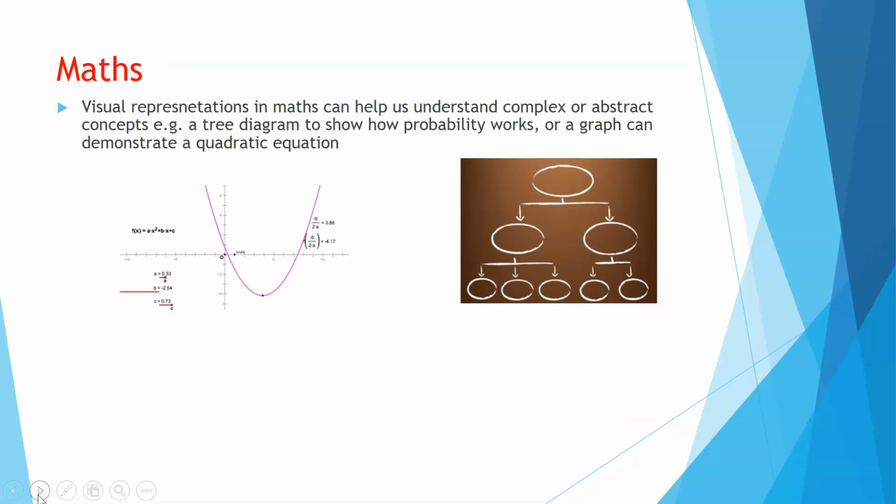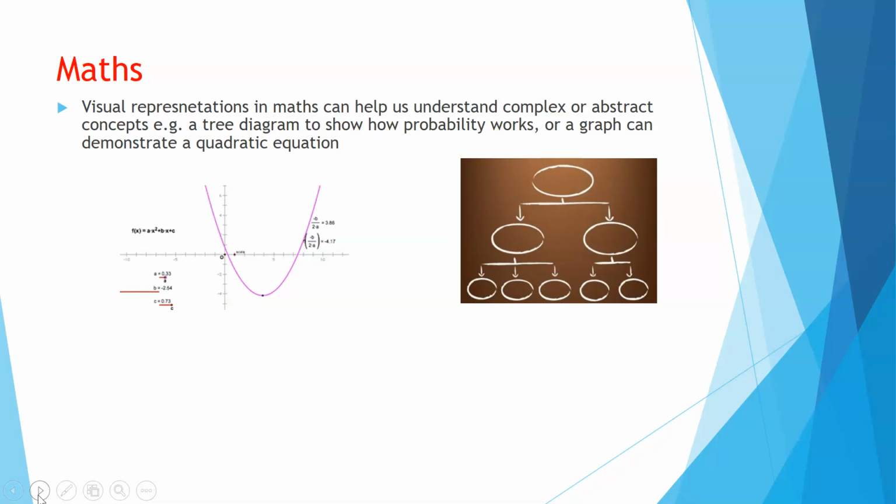Maths, however, I can see a spelling mistake in my slide already. Visual representations in maths can help us understand concepts which are perhaps complex or abstract. And so therefore, perhaps in maths, sense perception can actually explain the knowledge rather than just simply describe it.